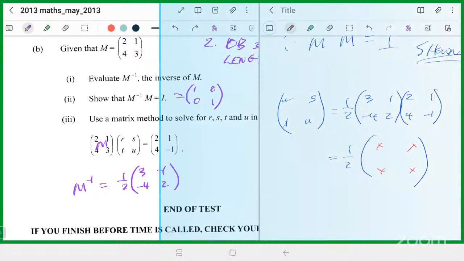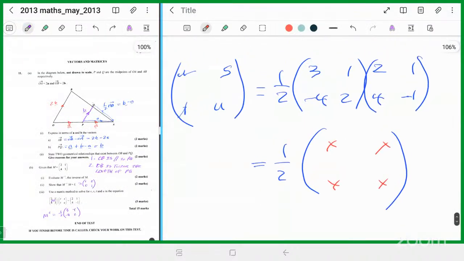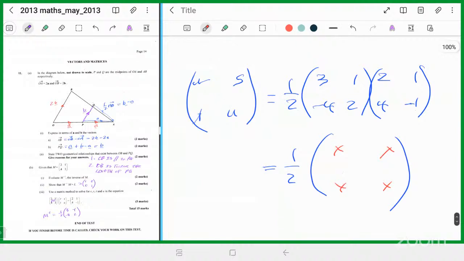Again, I'm multiplying the rows of the first matrix by the columns of the second.